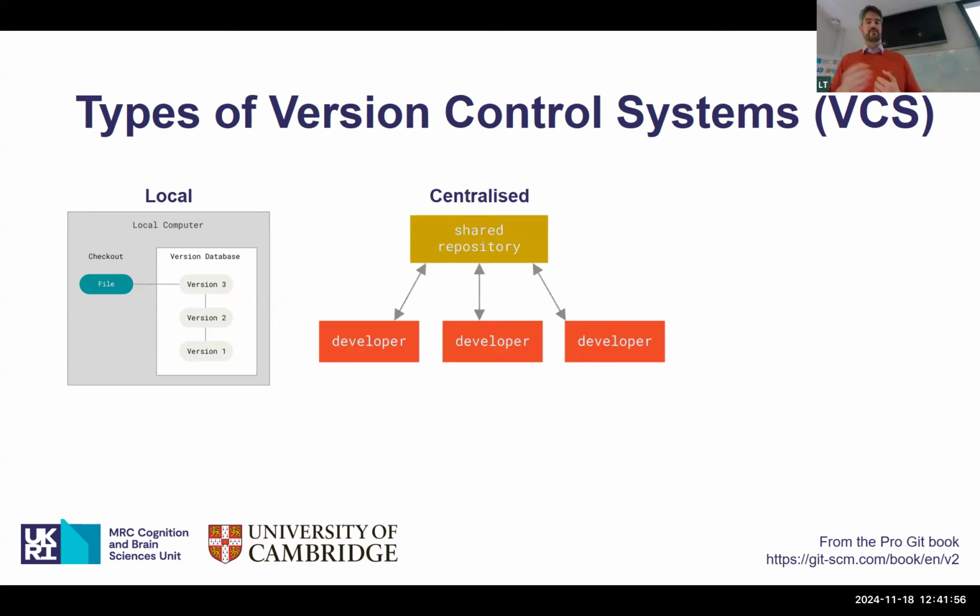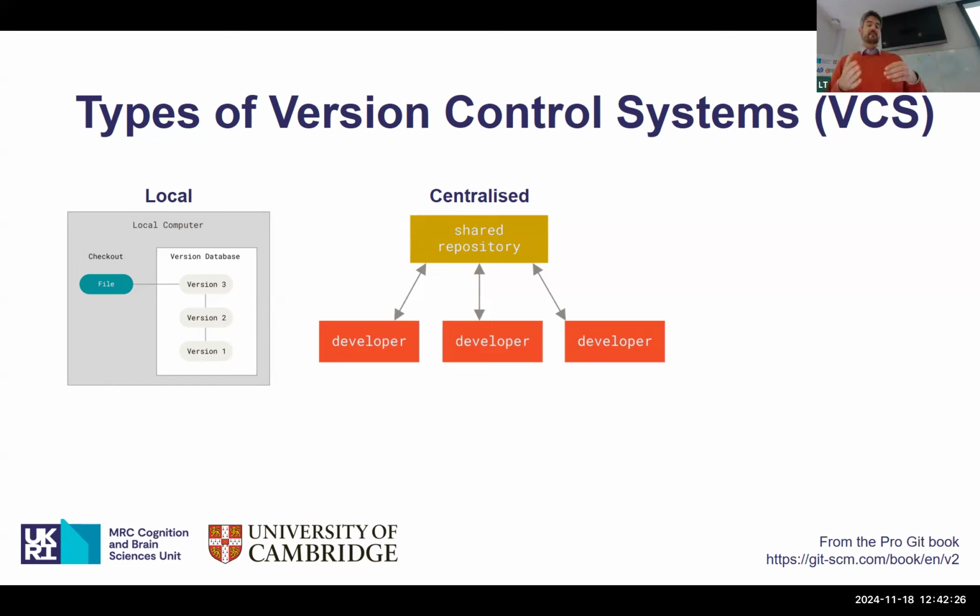Another type of version control system is the centralized one, where there's a main repository somewhere, probably online, and the history of the entire project is stored up there. Then you as a developer, and any other developers, just pull the latest version, and on your local PC you have the latest version of the code, and you're working on that.